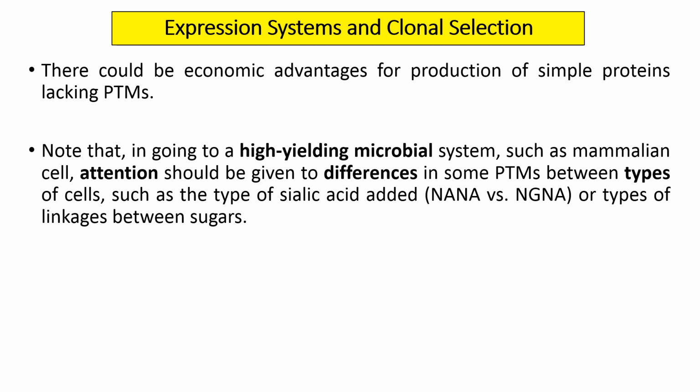However, if we are going to a high-yielding system such as mammalian cells, we should pay attention to the differences that could be produced in some post-translational modifications between different types of cells, such as sialic acid added in NANA and NGNA, or the type of linkage between sugars.